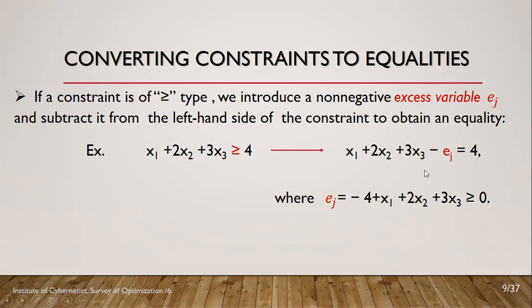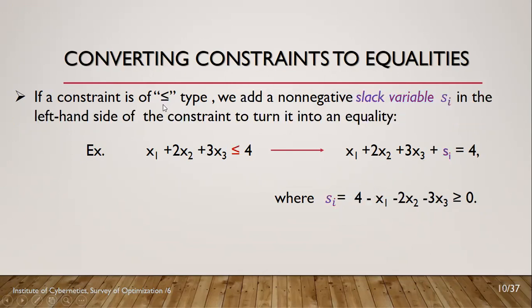Recall that it had a negative coefficient, so to make this possible we divided both sides by negative 1. That's why we have negative 4 here, and we assume the excess variable is non-negative. The non-negativity constraint is indicated by this relationship: it is greater than or equal to 0. Then, if a constraint is of type less than or equal, we add a non-negative slack variable s sub i to the left-hand side of the constraint to turn it into an equality.